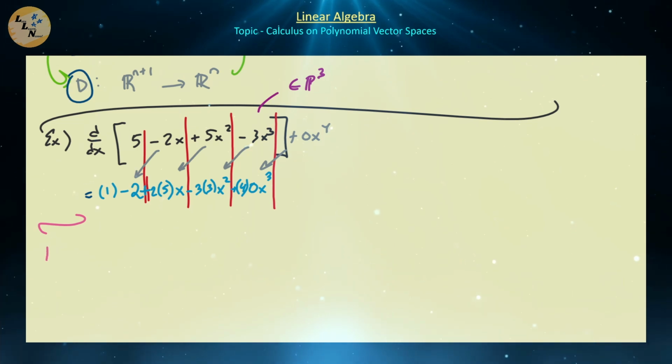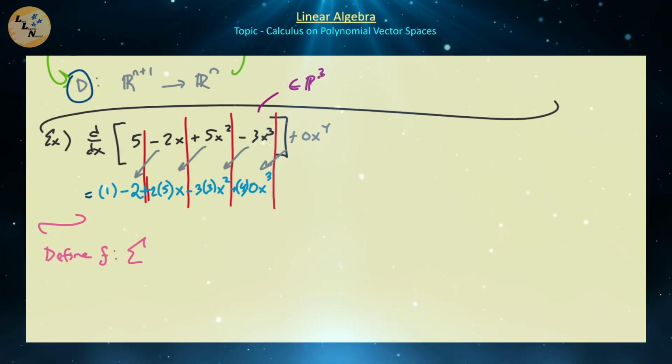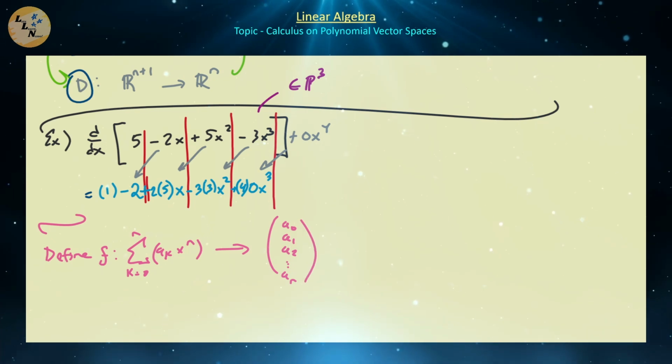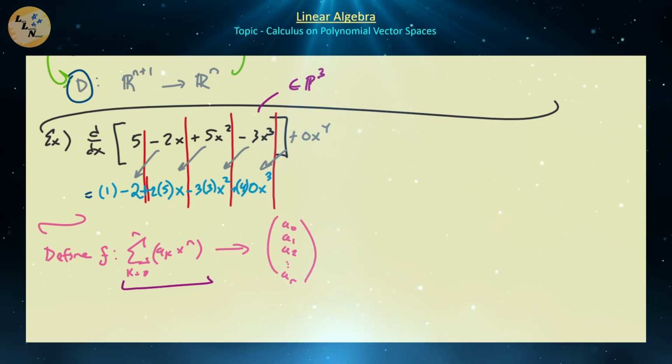So what we can do is define, for example, this mapping from polynomial space, the sum from k equals 0 to n of a_k x^k, and map it to the vector a0, a1, a2, all the way down to an, right? So there's n plus 1 terms in this particular vector.